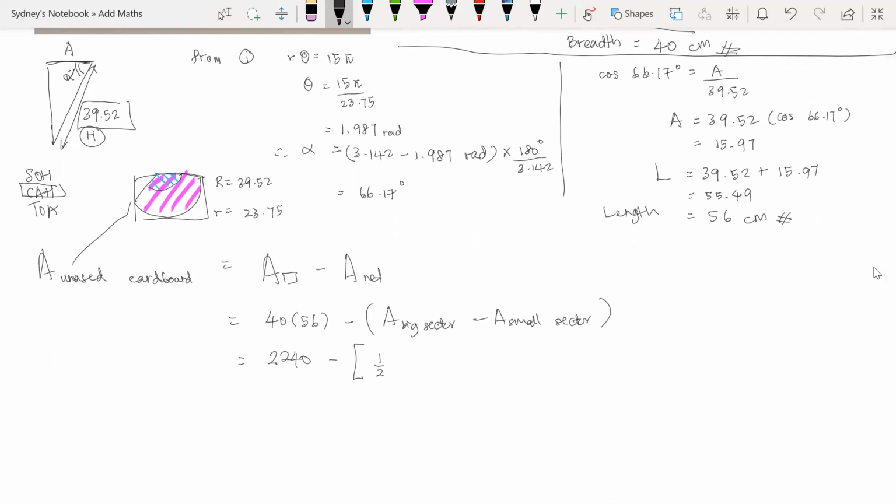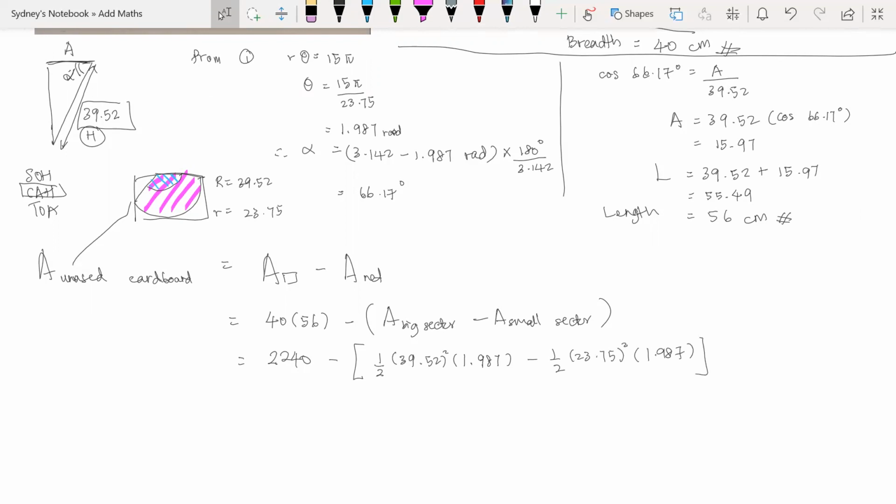So half r squared theta: 39.52 squared, and the theta, the angle that we already found, which is 1.987. Take 4 significant figures. And minus half r squared for the small sector: 23.75 squared times 1.987.